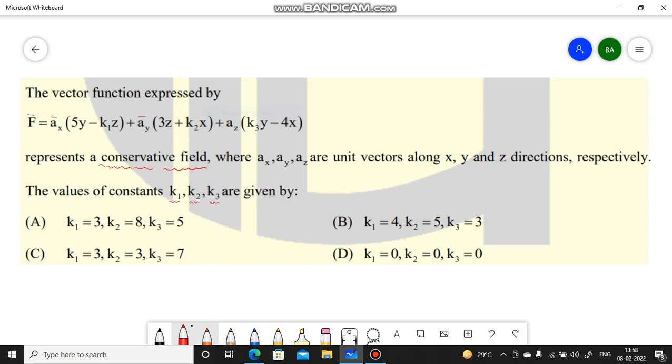We know that any vector is said to be conservative if its curl is equal to 0.